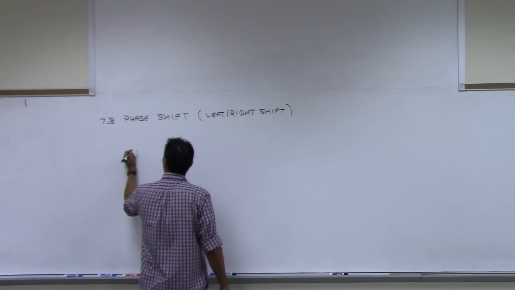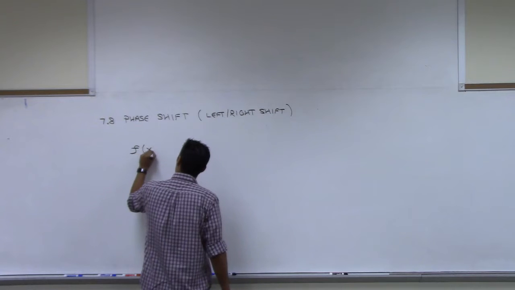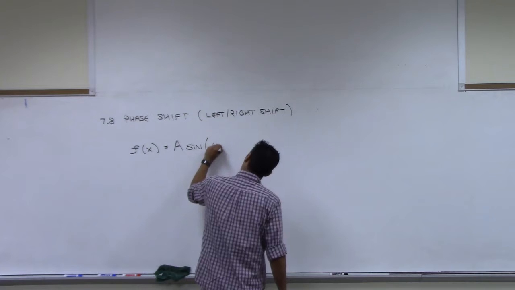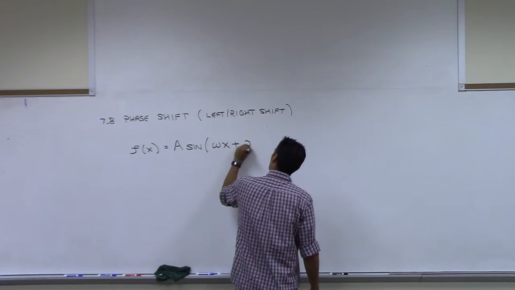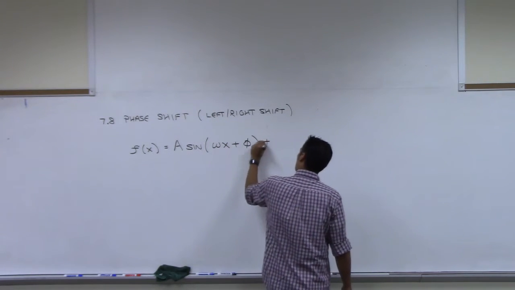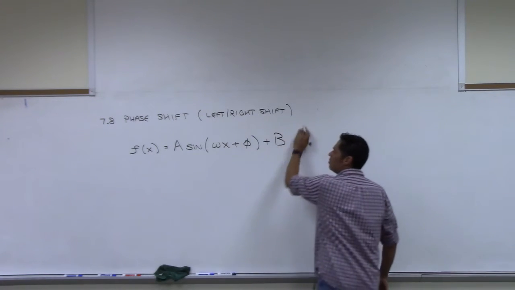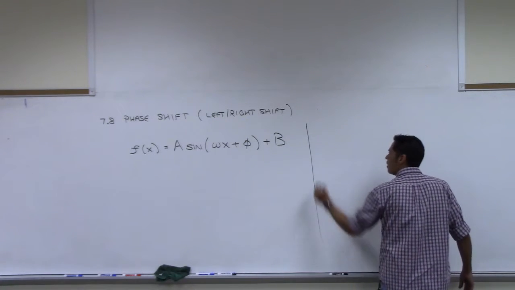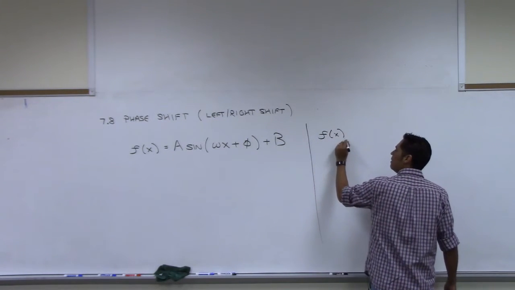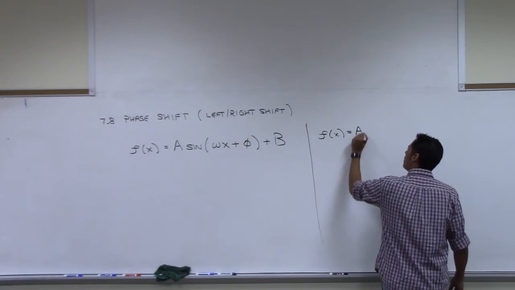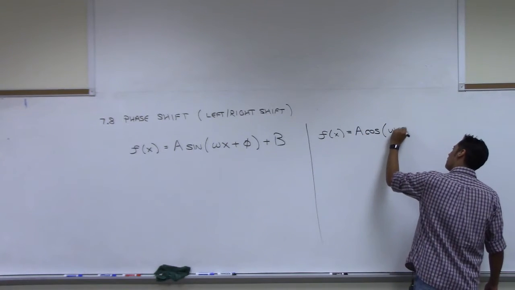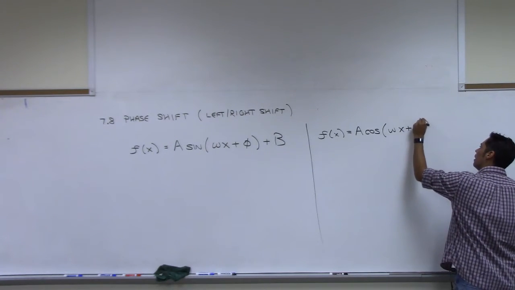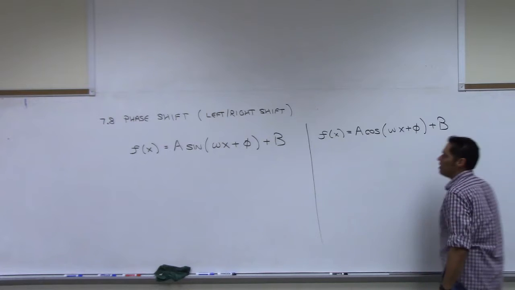So let's first look at the general form. That's the general form we're going to use for sine and for cosine. These are two separate formulas, one with sine, one with cosine. Now I'm using the variables that your book uses.